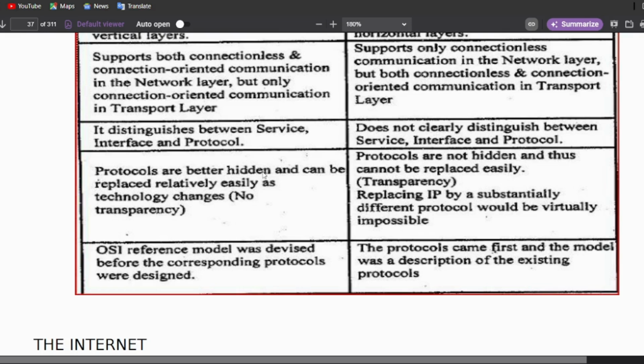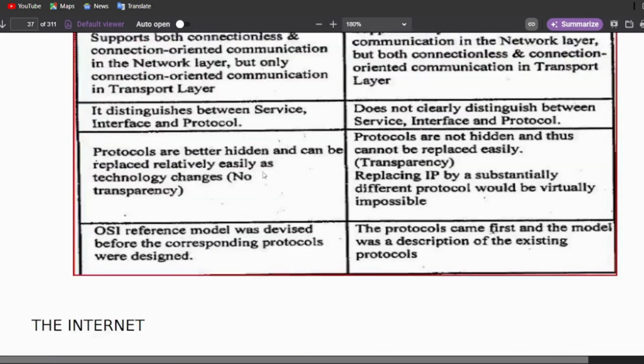Because in TCP/IP we follow a set of rules, like the length of IP addresses, and TCP also has the length of the segment to be transferred. So here we mostly followed protocols. In the OSI model, we refer to the protocols, but it cannot be said that they came first, as in the OSI model and TCP model.